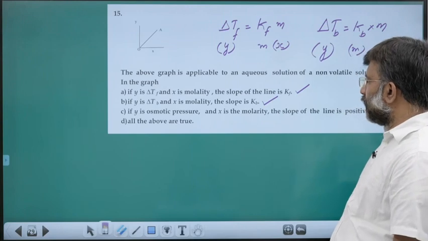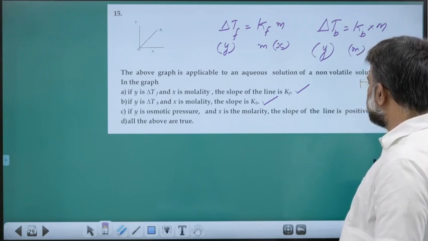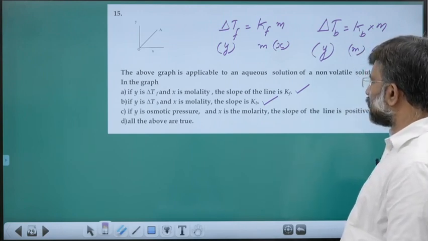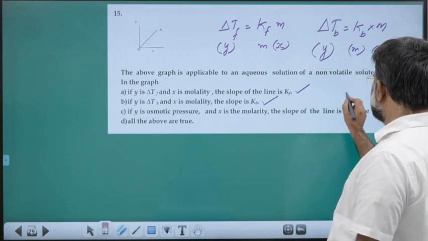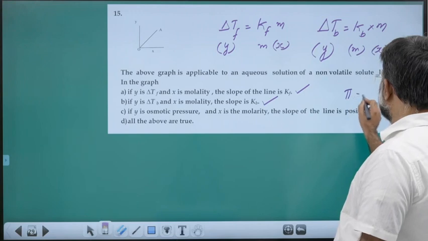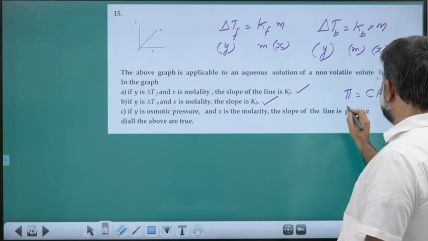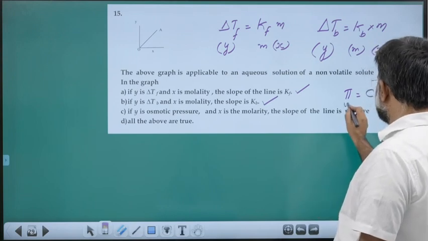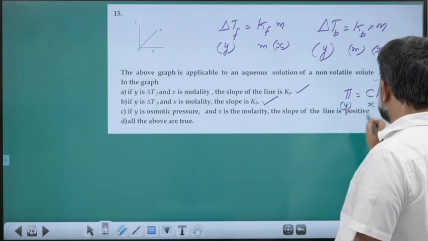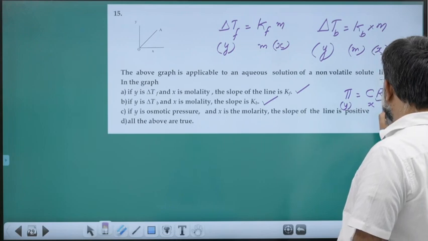If y is osmotic pressure, x is the molarity, slope of the line is positive. Osmotic pressure equation, pi is equal to CRT. If this is taken along y-axis, this taken along x-axis, this will be m.